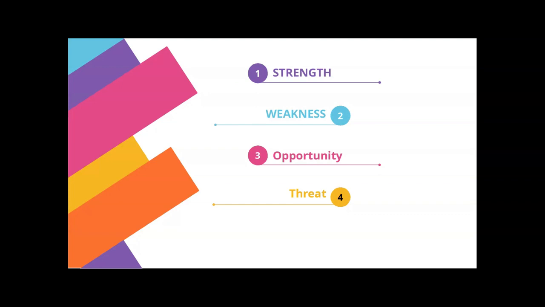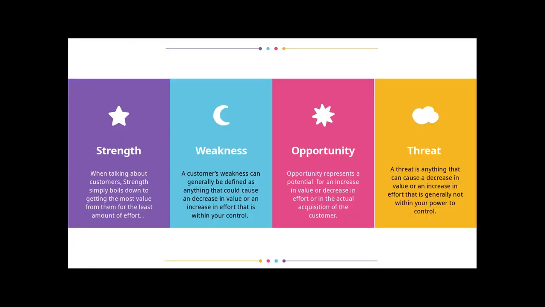SWOT means strength, weakness, opportunity, and threat. Those are the four categories that we're going to place the customer in today, and try to evaluate what it takes to make a strong customer and what it takes to point out a bad customer, or a customer that is just not attractive to the kind of business that we're doing.